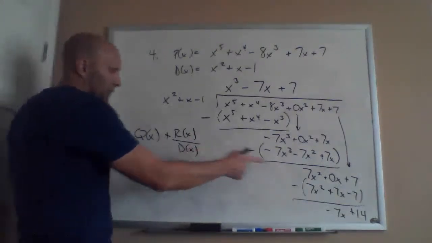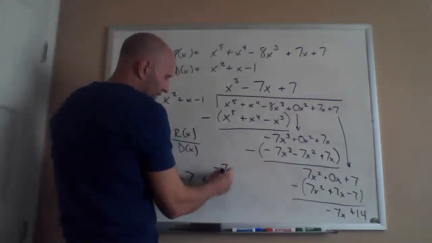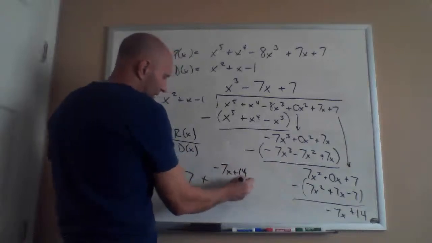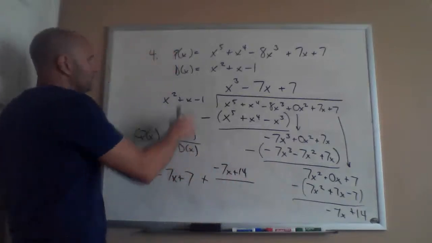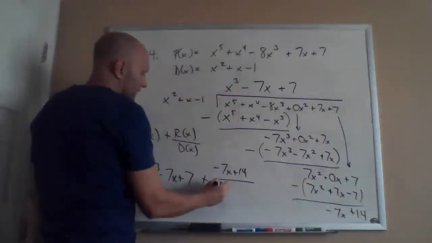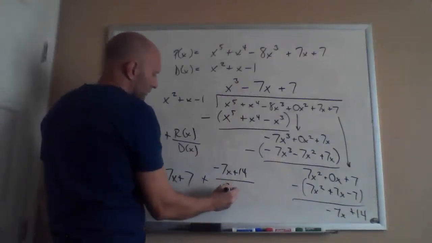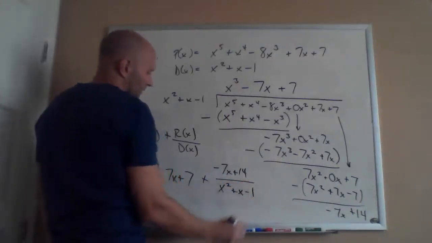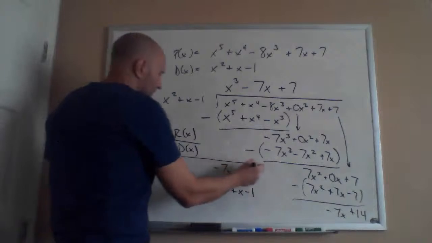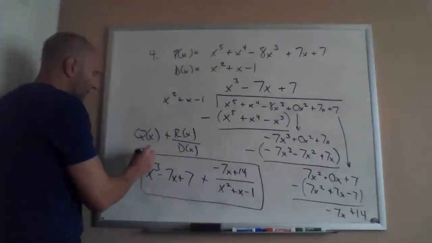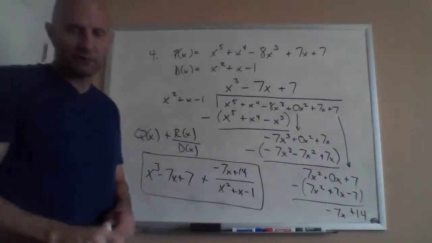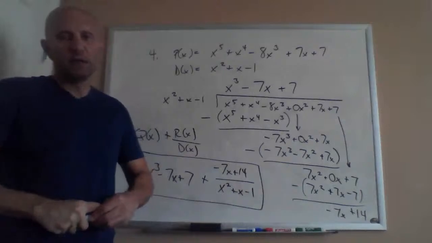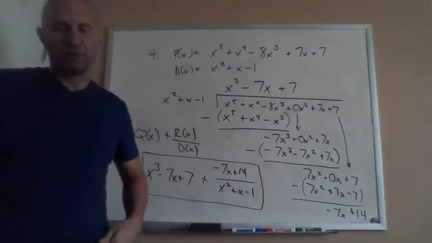And then plus the remainder, which is this guy here, negative 7x plus 14 over D of x, which is this guy here, x squared plus x minus 1. So this would be the answer in this exact format that you need to put in to WebAssign.